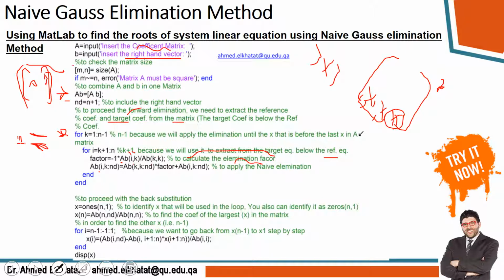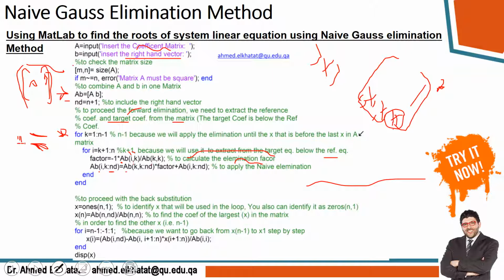So I from K until ND, because I will apply the substitution for the whole matrix, even for the right hand vector. AB equal to from K to K until end.